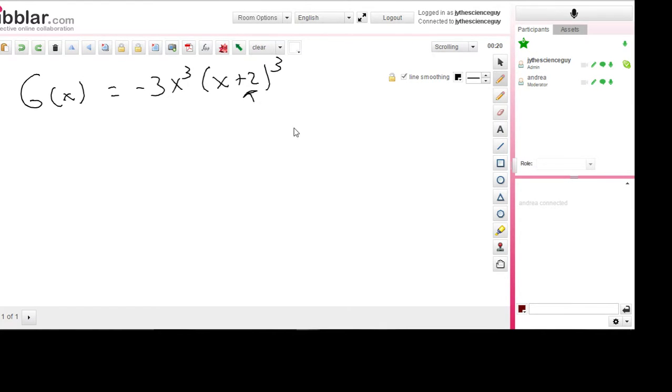So if I have negative 3x to the third times x to the third, when I multiply those together, what do you get? You're going to get negative 3x to the 6th power. And that's why that's the degree, because that's going to be your leading term when we're all done with this.